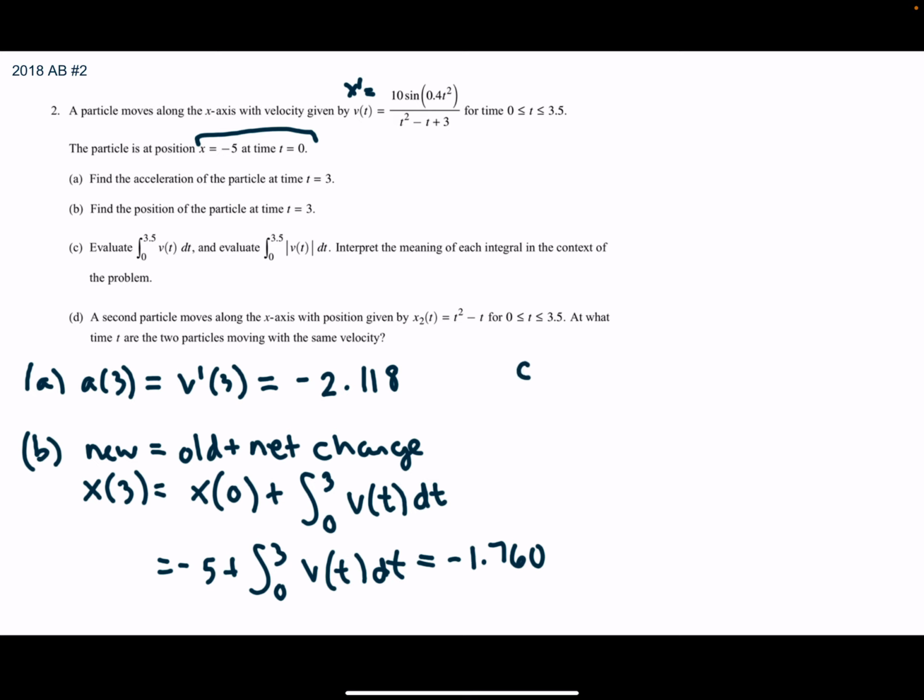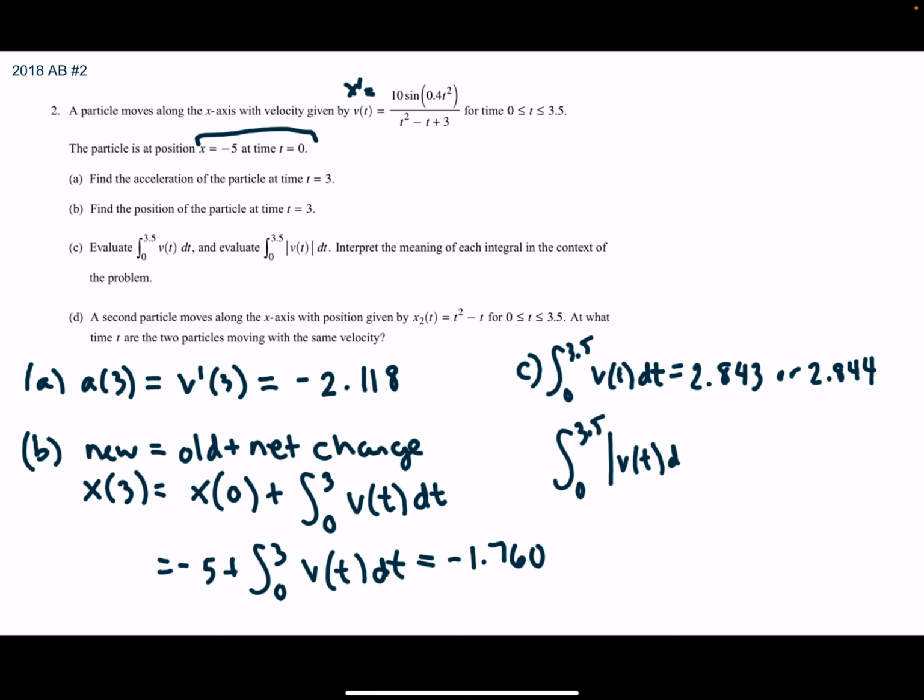So on the calculator I integrate from 0 to 3.5 of V of t dt, and that gives me 2.843 or 2.844. Either answer is acceptable. There is no other acceptable answer. Then I'm also going to integrate from 0 to 3.5 the absolute value of velocity, and this should give me a bigger number. I get 10.737, which is the only acceptable answer, whether you cut it off or round it.